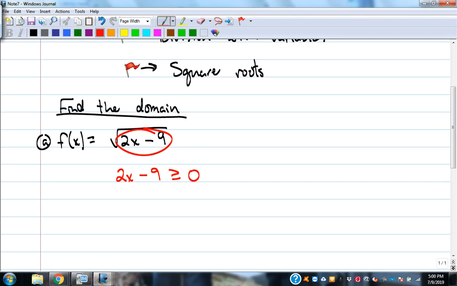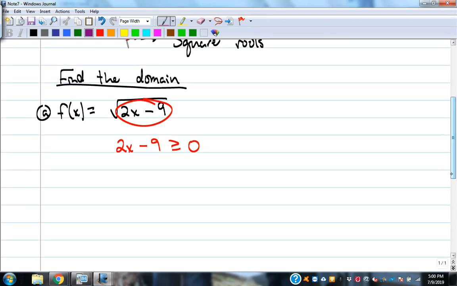So we're kind of going back to doing that a little bit in this section. So we're setting 2x minus 9 greater than or equal to 0, and we're just going to solve that for x. I'm going to add 9, and then the last step would be divide by 2. We get this fraction, x has got to be greater than or equal to 9 over 2.